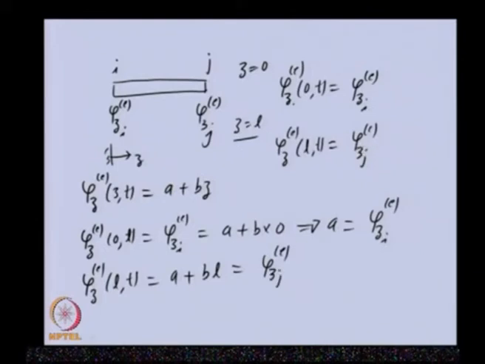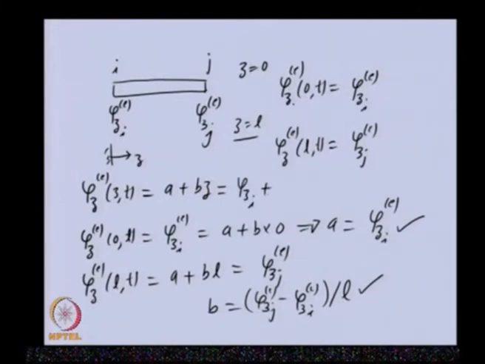And now we already know A is this one, so B can be written as phi z j minus phi z I for the element, divided by L. So you can see that we could obtain A and B, and this we can substitute in this equation, phi z I plus phi z j minus phi z I for the element divided by L, and z is here.